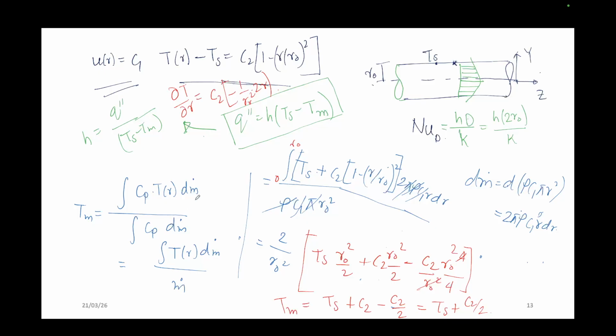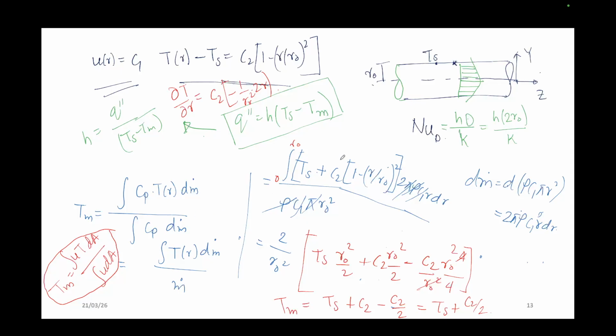And another thing, if you forgot this thing, you can do this also. This is another formula, UTDA by UDA. If you use this formula also, you will get the same answer. So it's up to you. The second formula is coming from this formula.